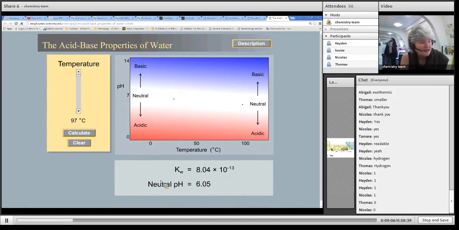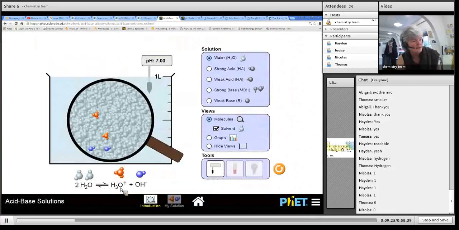We still have an equal number of hydroxide ions to hydronium ions, so it's still neutral, but what happens is my equilibrium constant has changed. So in other words, if I go back here, we've now got more hydronium ions.